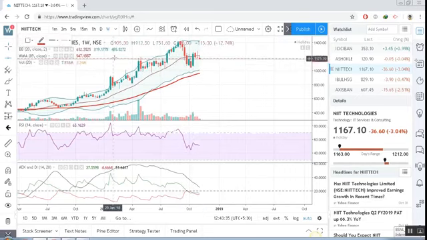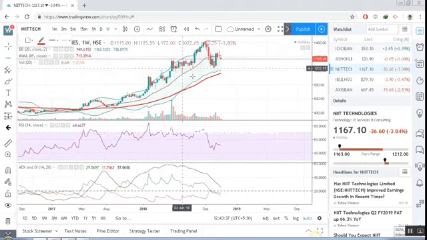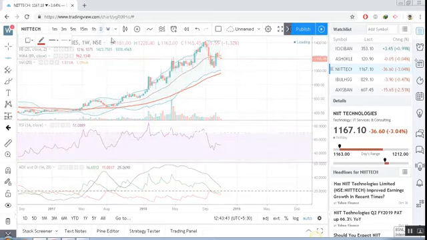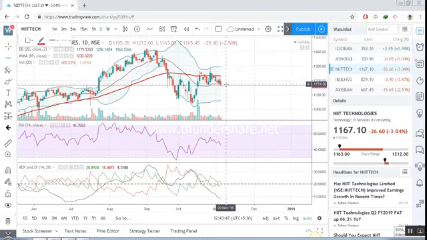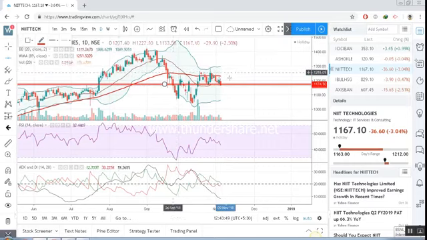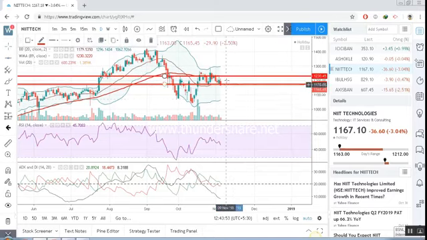So what I'm doing is I'm just seeing what the condition of this particular instrument is on a weekly and daily time frame. When I come to the daily time frame, if there are any resistances or supports that I can mark, I will mark them.